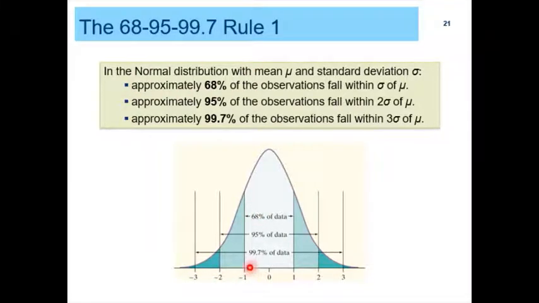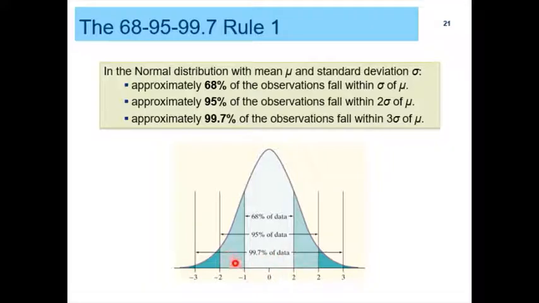So we will understand this: from -1 to 1, it is 68%. From -2 to 2, it is 95%. So if we want to know from -2 to -1, then we already know that this is 68%. So what we can do is 95 minus 68, and we will get almost 27, and then we can divide it by 2.